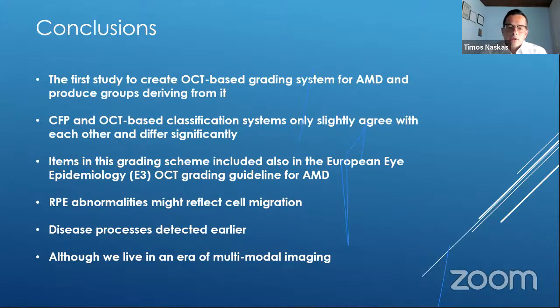Although what added to the validity of the way and the philosophy behind this system was that items that we included in our grading form and the variables that we took into consideration were also published in the E3 OCT grading guideline for AMD, which was published 3 months after our grading form was developed.